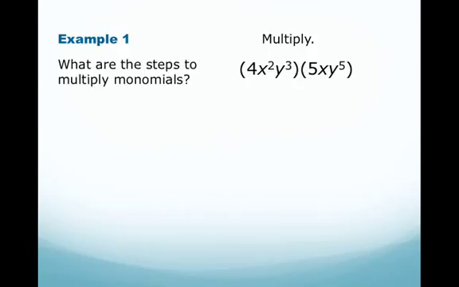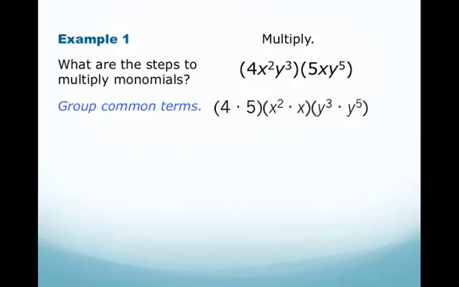Example 1. Multiply 4x squared y to the third times 5xy to the fifth. Group the common terms, so we should get 4 times 5 times x squared times x times y to the third times y to the fifth.